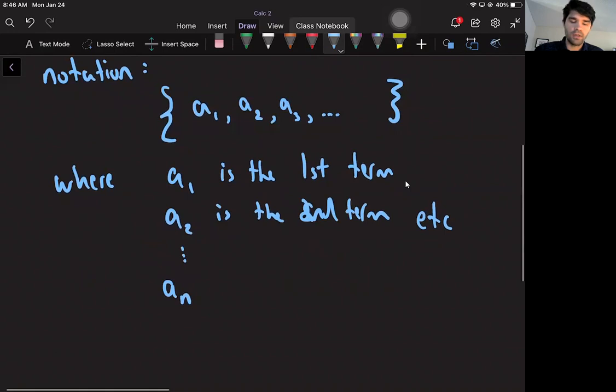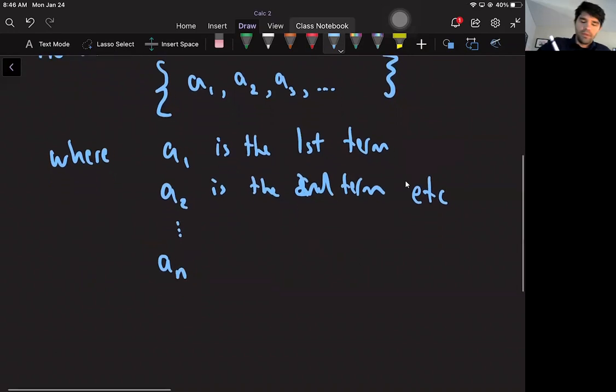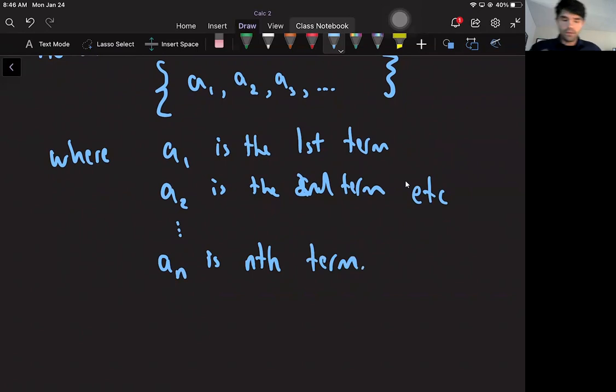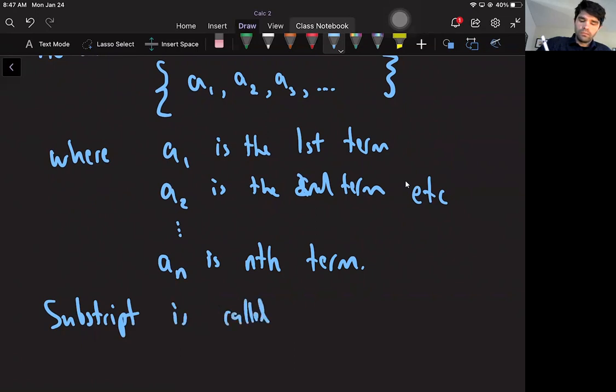If n is 10, you can find the 10th term. If n is 100, you can find the 100th term. So we're often going to refer to this nth term. Okay, so the subscript is called the index. So I'll be using the word index a lot.